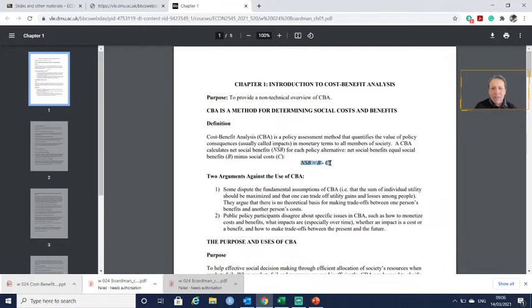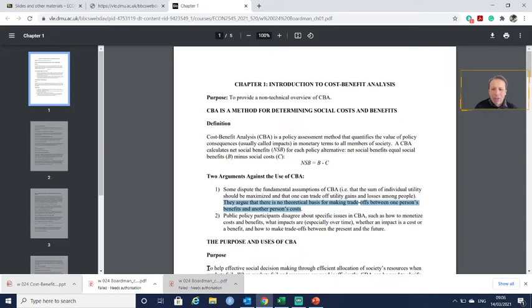Sometimes when we maximize our utility, we minimize the utility of others. So in doing that, we will have losses among people. So there should not be any trade-off between the benefits of a group and one person's costs. So that is the first argument against CBA.